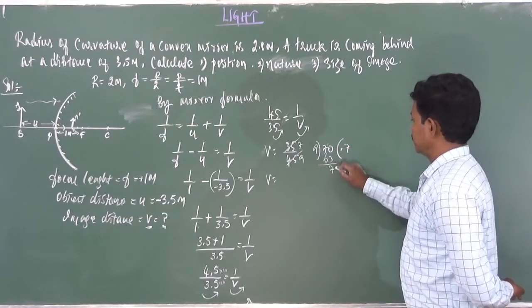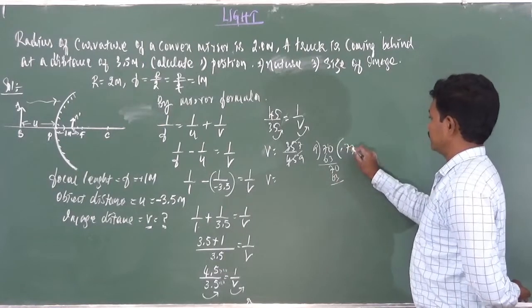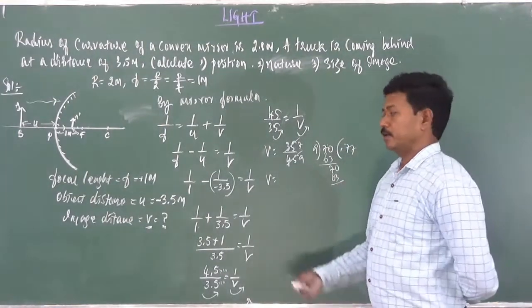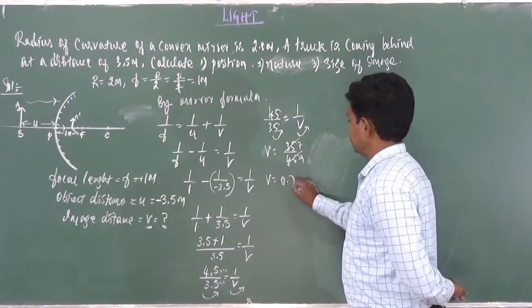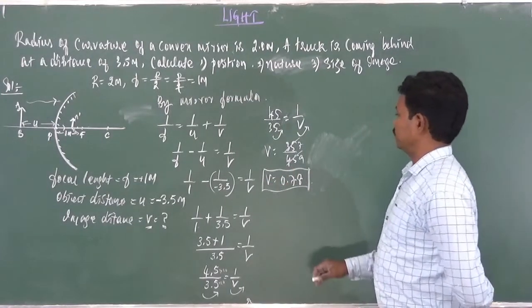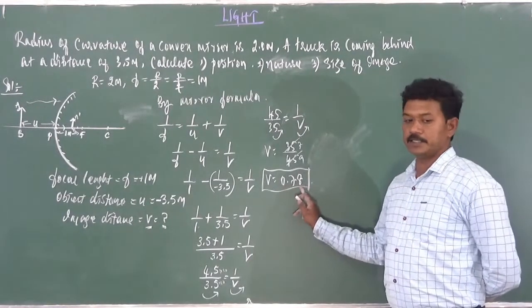The point is there, 9 sevens are 63 again, so it is 0.77. 0.77 can be written as 0.78 on rectification of decimals. So here the value of V is plus 0.78, it is not minus.